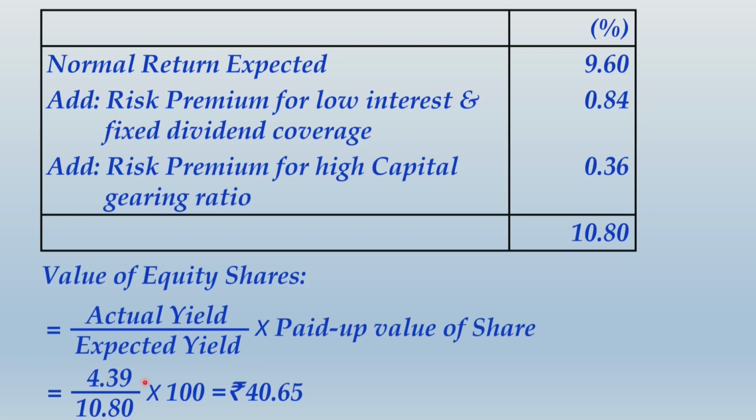So if 4.39 is the earnings and 10.8% is the expected rate of return, the capitalized value of this earning will be 40.65, which is concluded as the value of the equity share. So friends, please take note of this as well, and that will be the end of the solution.